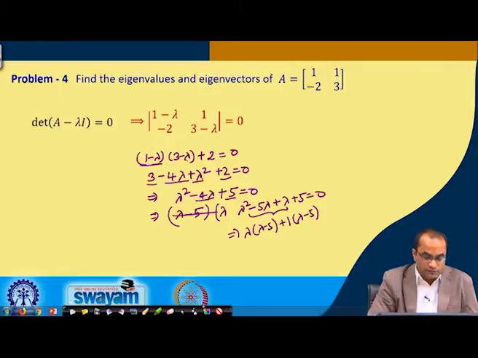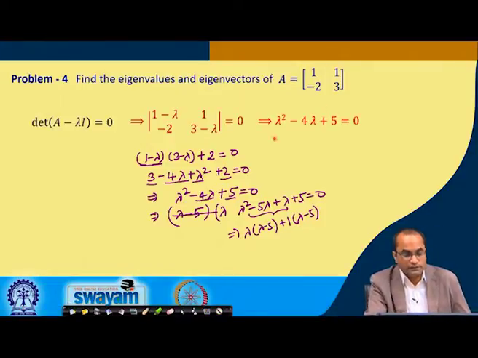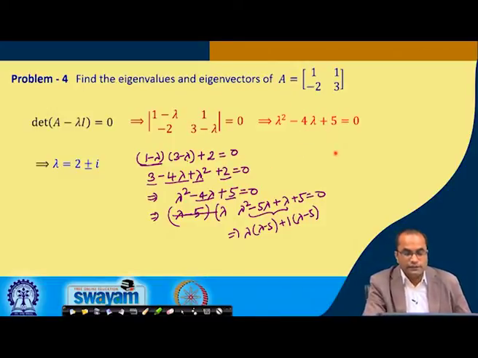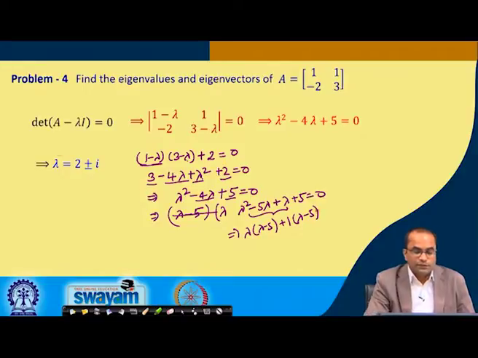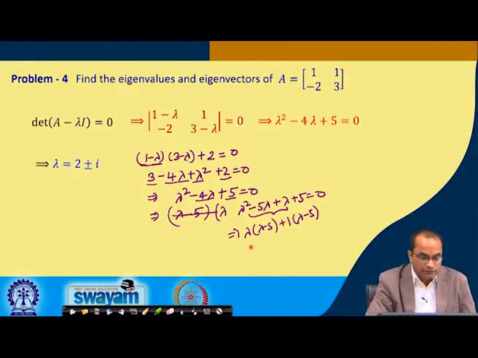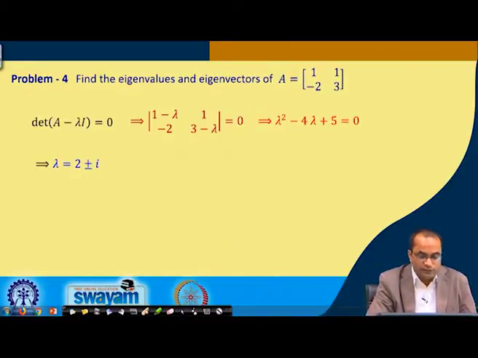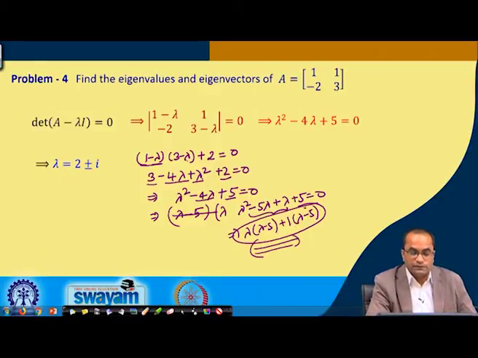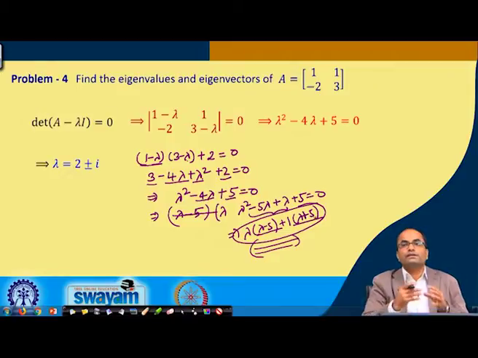So, let us check that the equation is lambda square minus 4 lambda plus 5 exactly, and the roots here, because it does not have real roots. That is the point: we are not getting any factorization in this case, and we cannot take common factors. The factorization was not possible because this equation does not have a real root.